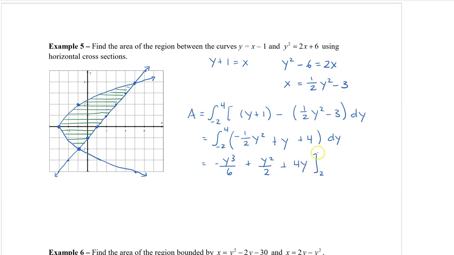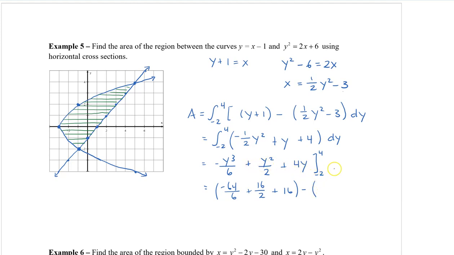And then we're going to integrate from -2 to 4. So plugging this in, I'm going to get -64 over 6 plus 16 over 2 plus 16, and then minus.